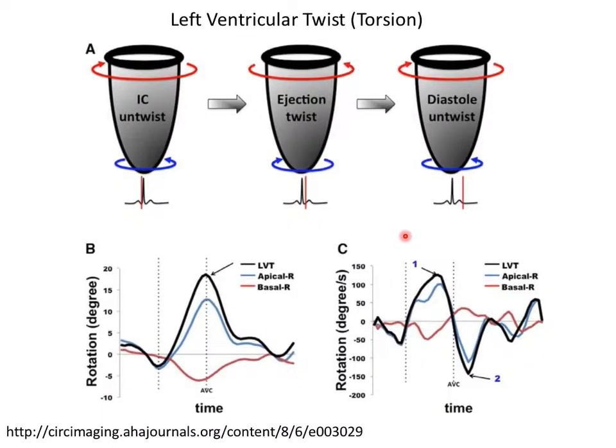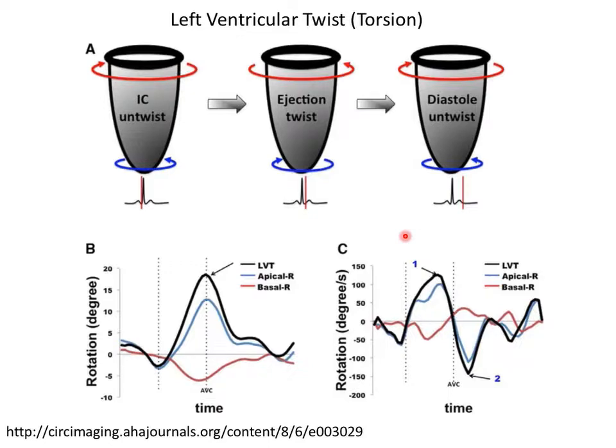And then an interesting parameter that is becoming talked about more in the literature is the twist or torsion of the left ventricle. When the left ventricle contracts, and I'll show you some tagging data where you can see this, if you look at it in short axis, looking at the apex, it rotates in a clockwise direction as it's contracting, and then up at the base, it rotates in the opposite direction.